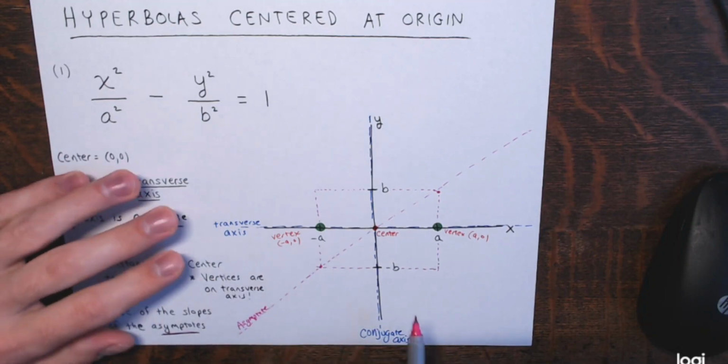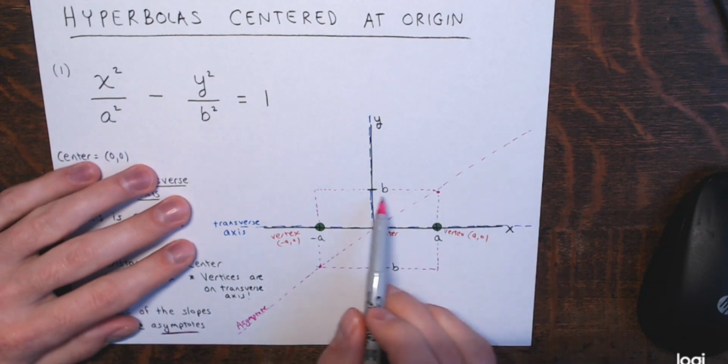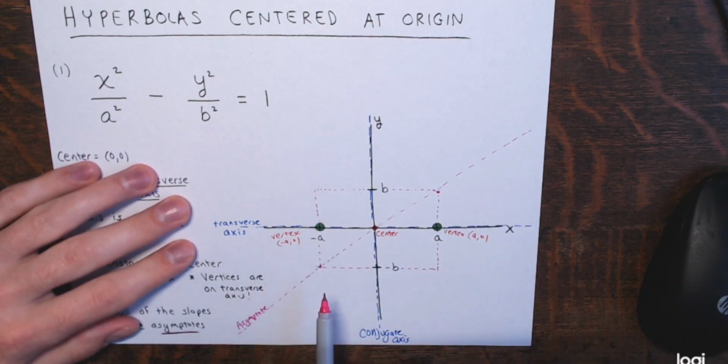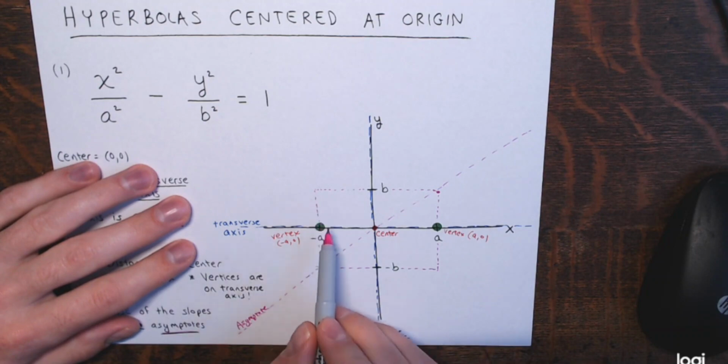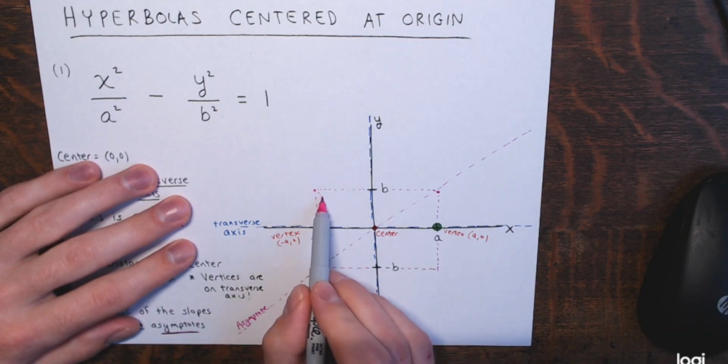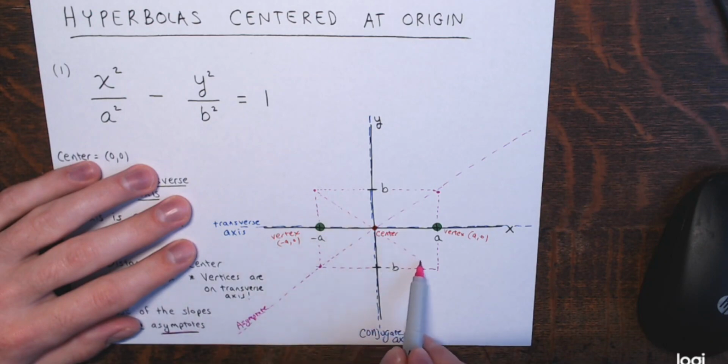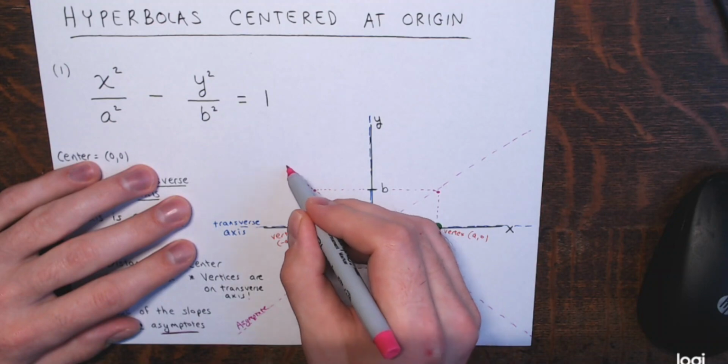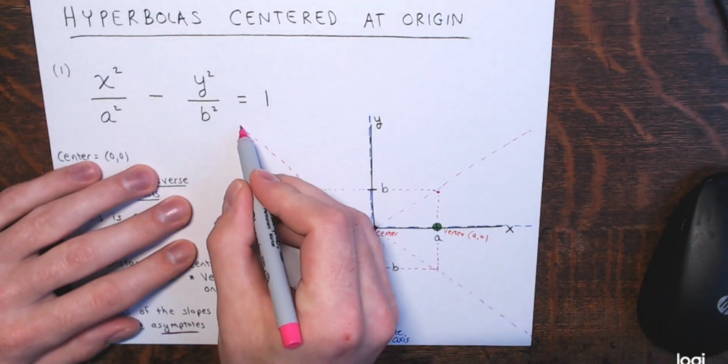And again, I'm making all these dotted because they're technically not solutions. They're not on the hyperbola. The only points that are on the hyperbola so far are the vertices. And then through the other corners and the center, right, there's the other slant asymptote for the hyperbola. Right, so another asymptote.